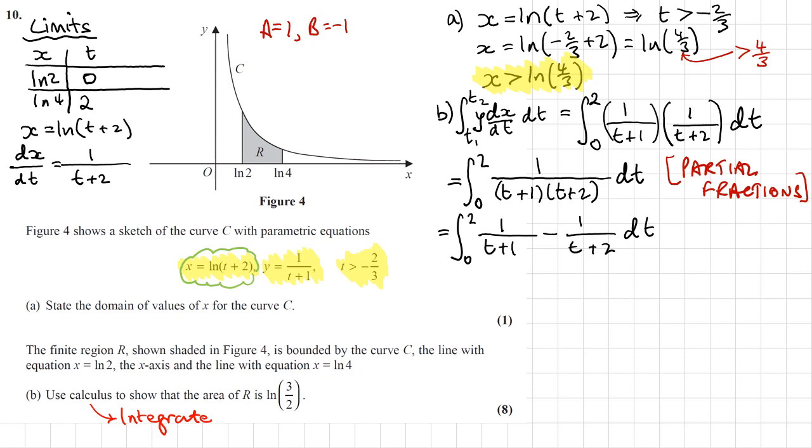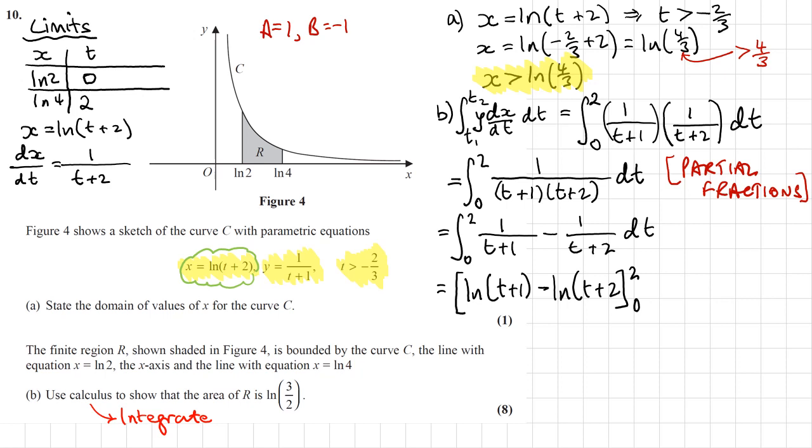Now we're ready to integrate. So the bottom differentiated becomes the top. So this is log of the bottom, so log of t plus 1, minus, the same with the second partial fraction here, the bottom differentiated becomes the top, so it becomes natural log t plus 2, and this is between the limits of 0 and 2.